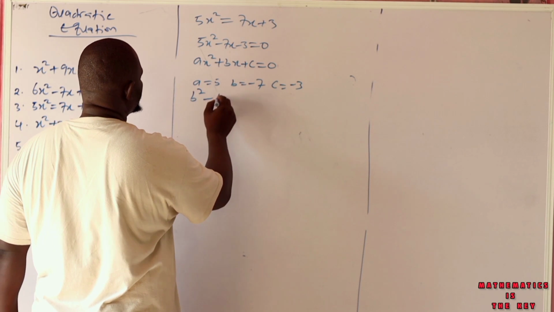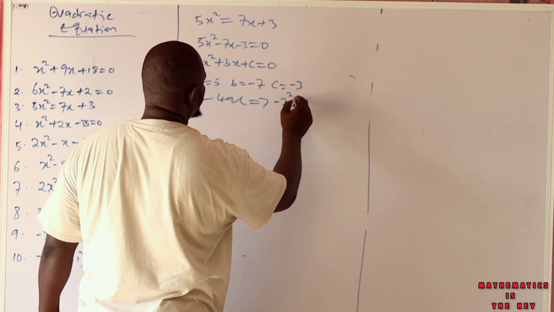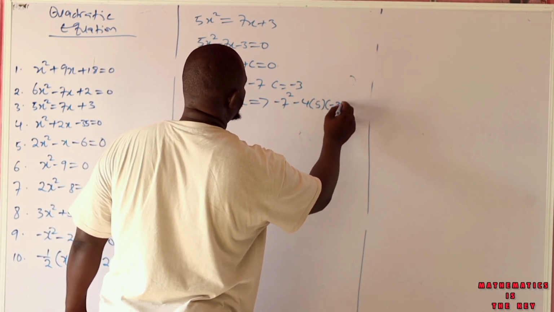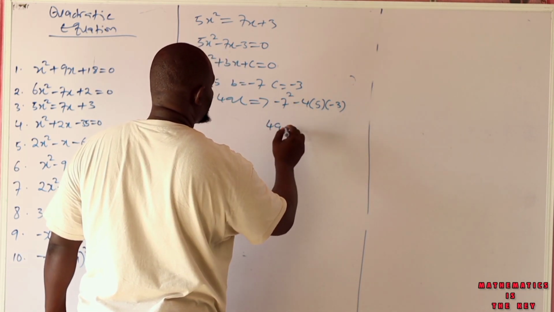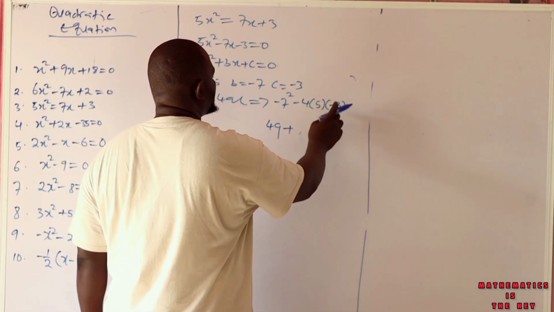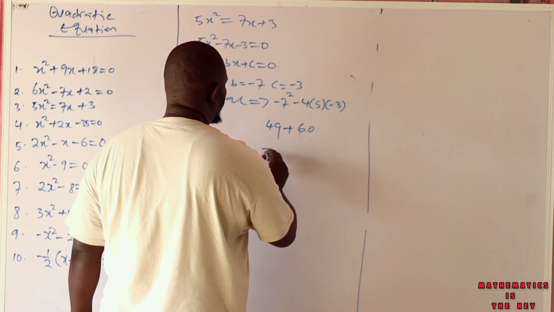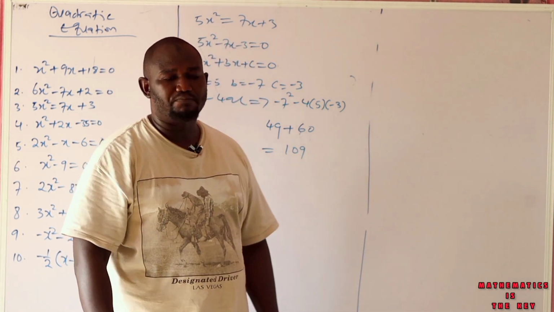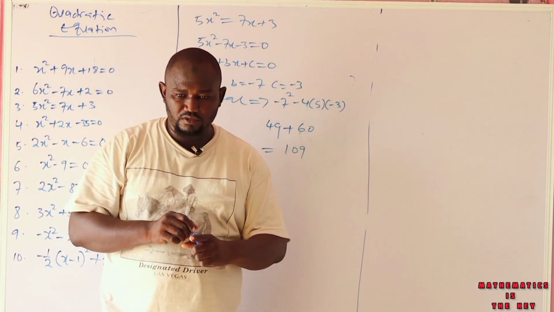Then b squared minus 4ac implies minus 7 squared minus 4 into bracket a, which is 5, into bracket c, which is minus 3. So minus 7 squared is 49. Minus multiplied by minus, we have plus. 4 times 5 is 20. 20 multiplied by 3 is 60. And their sum is 109. 109 is not a perfect square. This particular question cannot be solved using the factorization method.